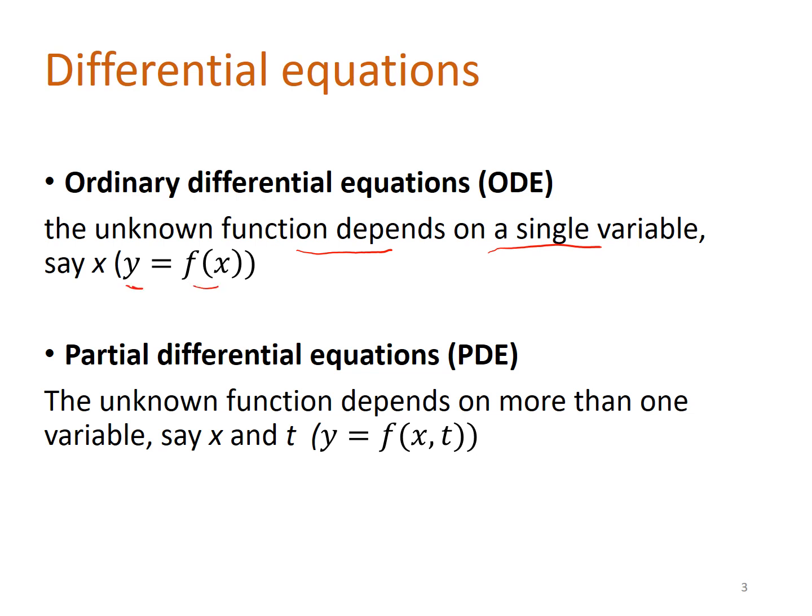Y is a function of x, and usually I'm trying to find y knowing a relationship between y and its derivatives and x. A partial differential equation, on the other hand, is an equation that involves an unknown function y that's a function of more than one variable, and the equation involves y and its partial derivatives with respect to the unknown variables.